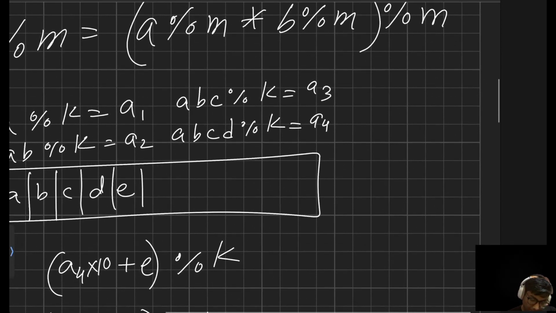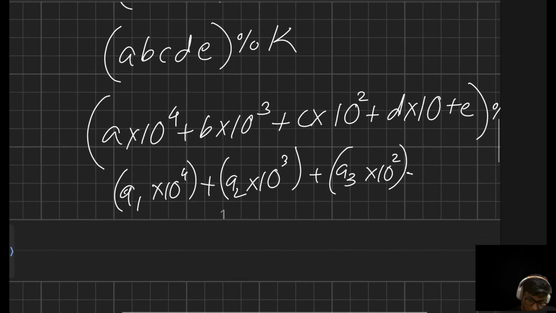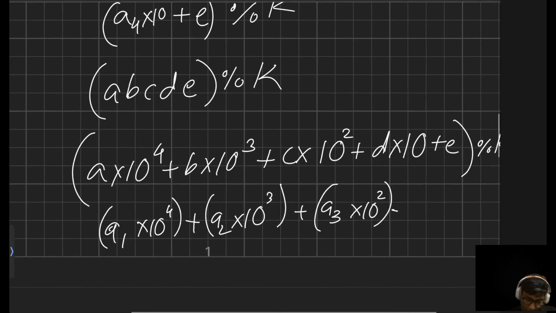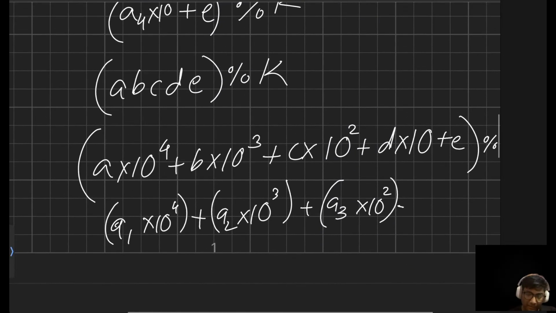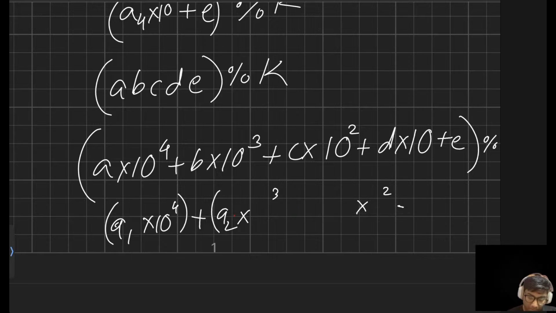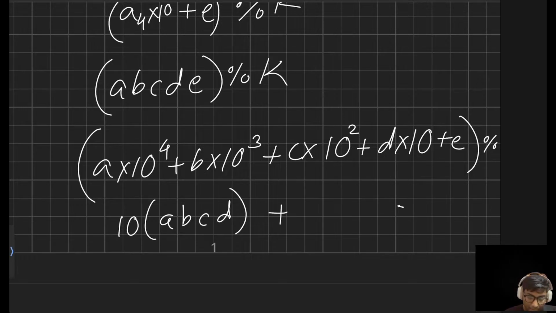C is a3 now. No, we have said that abcd modulo k. Yeah, abcd modulo k is, so this will be abcd as a number, no? So can I say that if I take 10 common out of here, I will get abcd as a number, and plus e we can do.